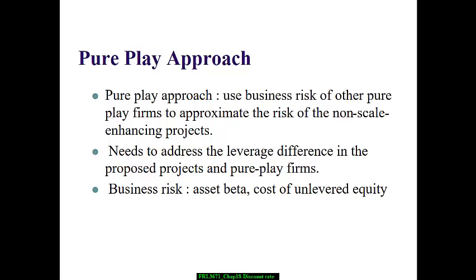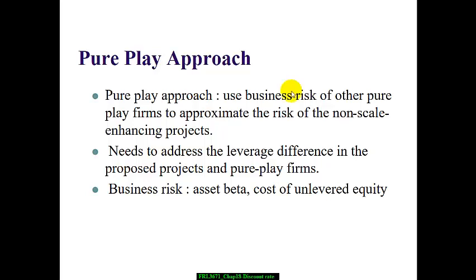So they are not multi-division companies or diversified companies. Say we find a few of these pure play firms in the real estate sector. Then we use the average business risk from these pure play firms as our approximation of the discount rate for our real estate project for Costco. So the key is that we assume the business risk is the same when we use pure play firms.